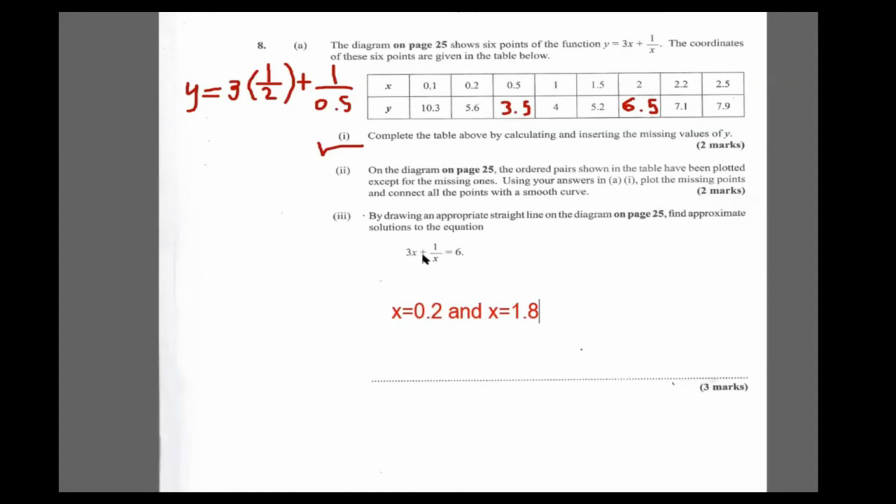Always test the answer to see if you're right. Put in x equals 0.2. So 3 times 0.2 plus 1 over 0.2. You get 5.6. So 0.2 is not necessarily right, because 0.2 gives 5.6.